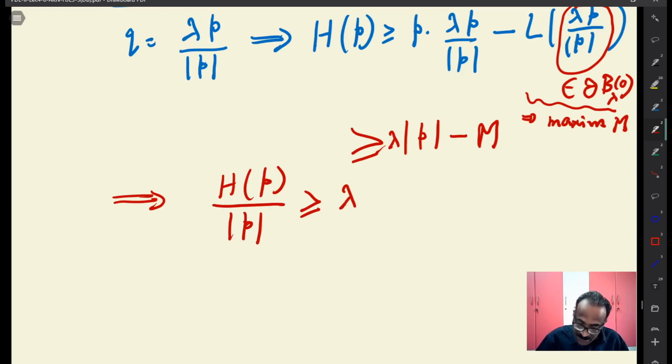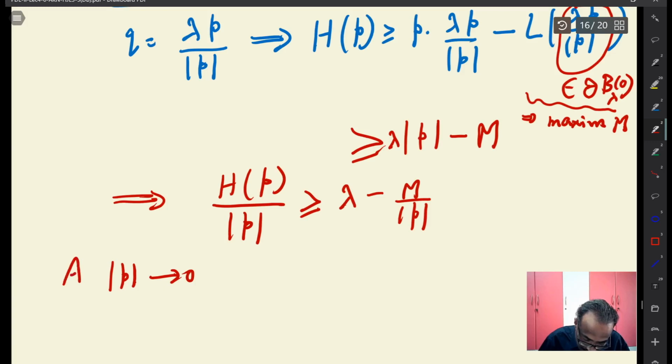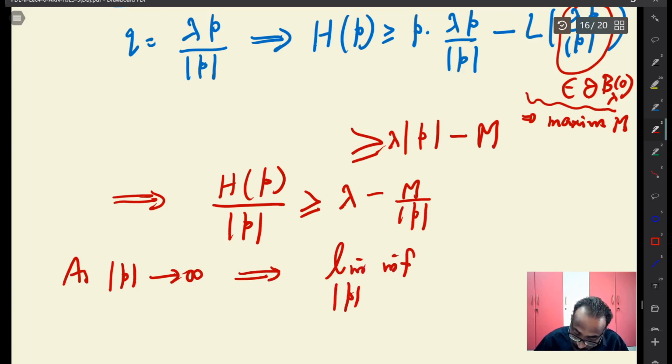M is the supremum of that one. Now if you take mod P tends to infinity, fixing lambda, the limit may not exist, but I can call it the limit infimum as mod P tends to infinity, and it is greater than or equal to lambda.